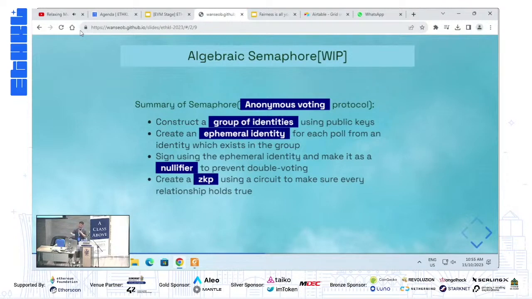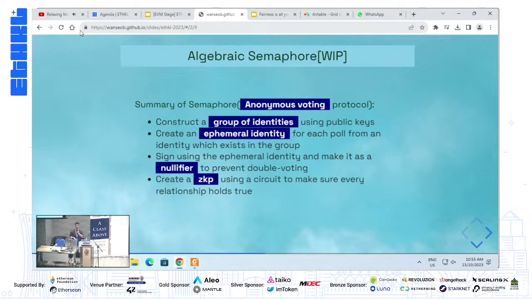After creating an ephemeral identity, you sign something with your choice for that poll. Then the signature becomes a proof and also becomes a nullifier that prevents you from voting twice.